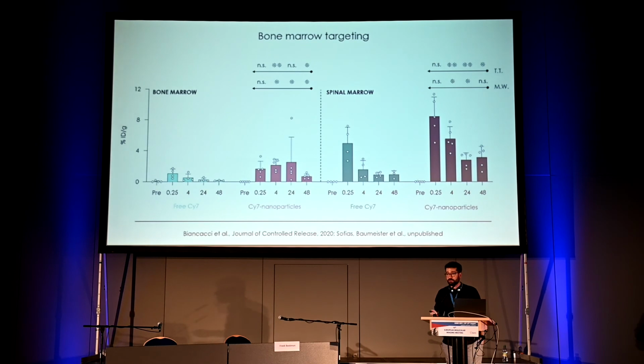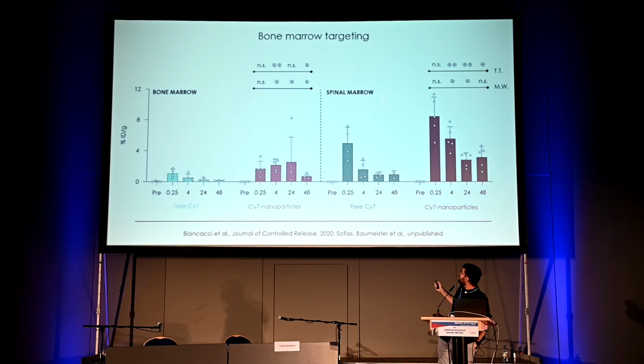By quantifying it, we can compare a free dye and a Cy7-labeled nanoparticle, and we can see that the nanomedicine allows us to target the bone marrow. Same story here for the spinal marrow, and we see even higher targeting in the spinal marrow.